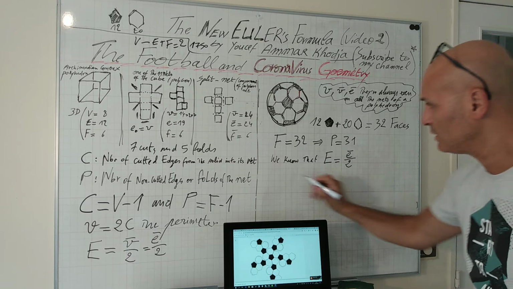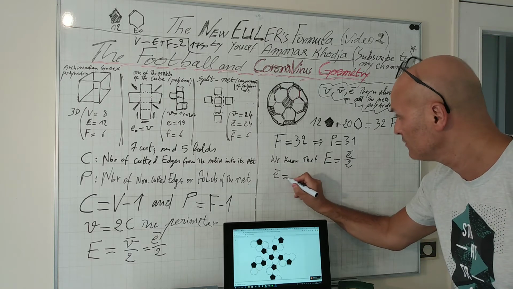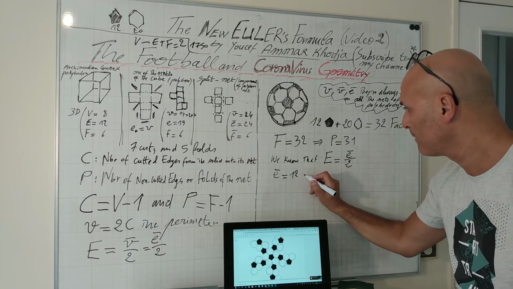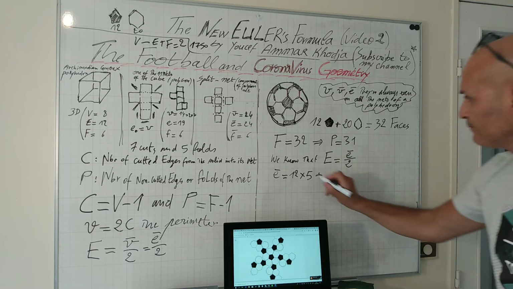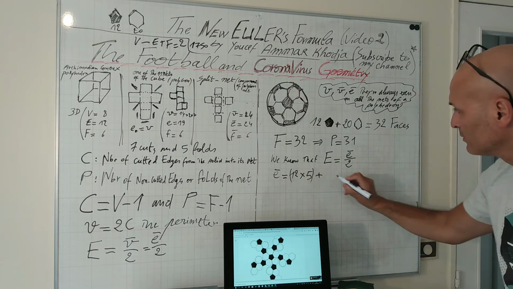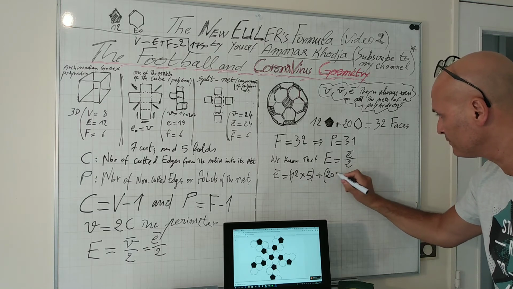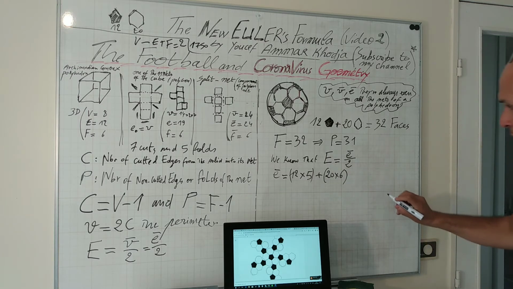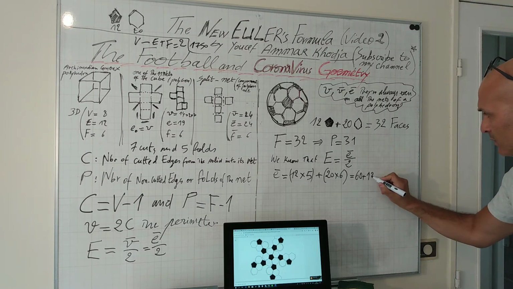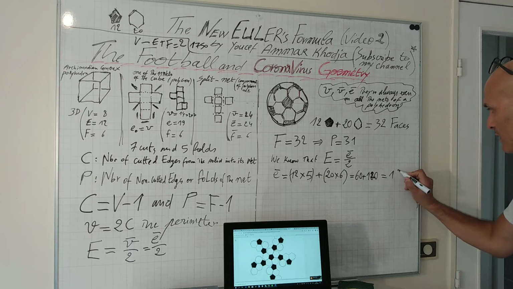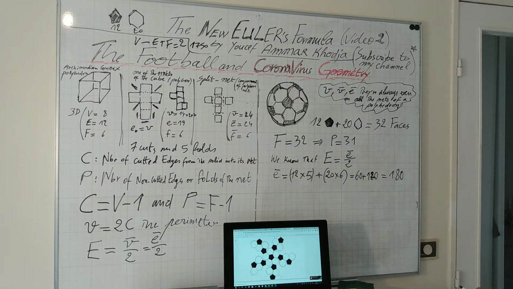So let's compute. E bar equals 12 times 5, add to that 20 times 6, which is 60 plus 120. That makes 180 individual edges.